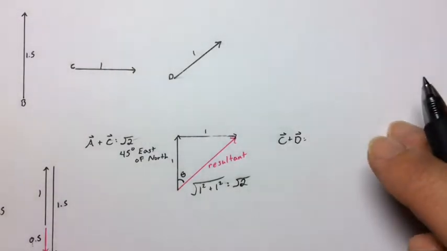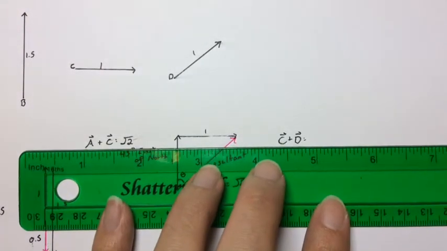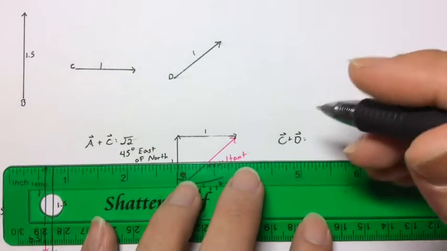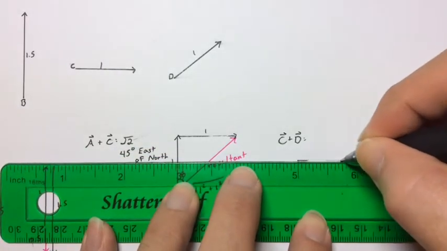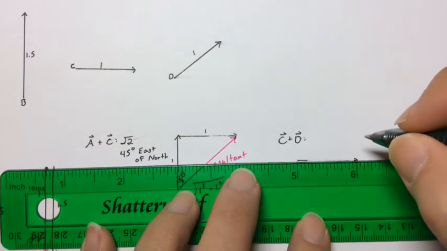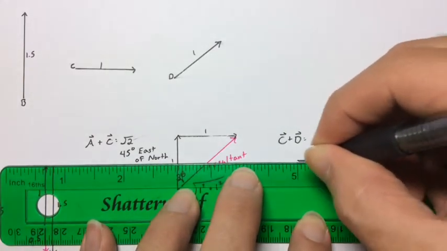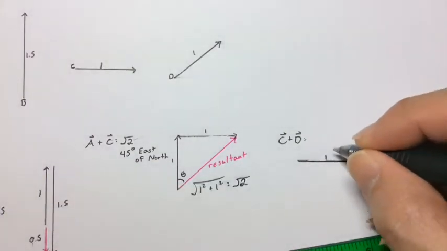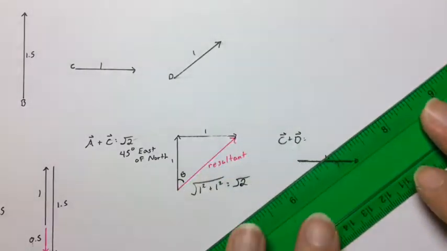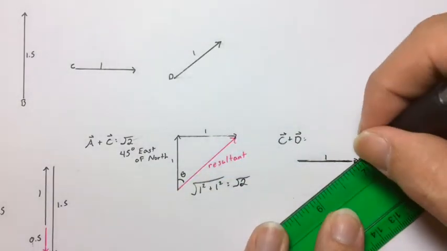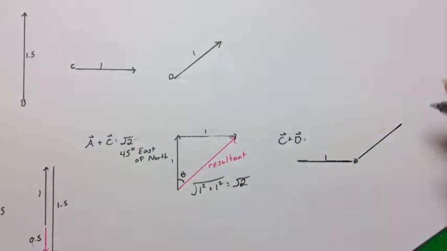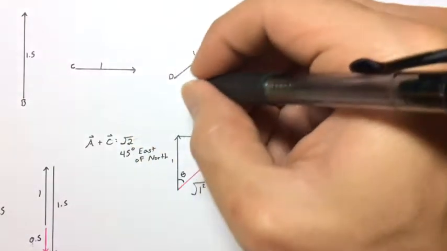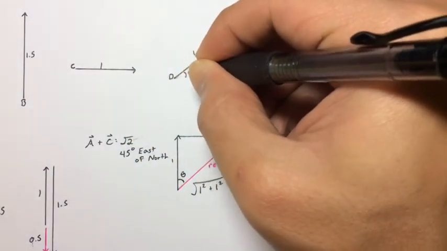So for C and D, if we were to draw it out, this is again the tail to tip method. I'm going to draw one vector. This is vector C. And that's 1. And vector D was going up and to the right. It looked like it was about 45 degrees. I didn't really write it down up here. Let's just say, hey, that's 45 degrees.